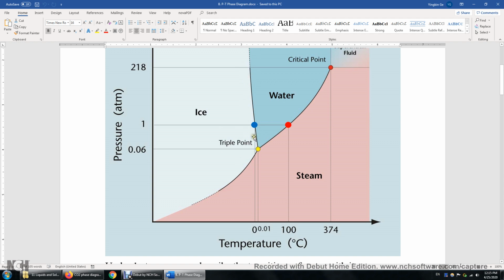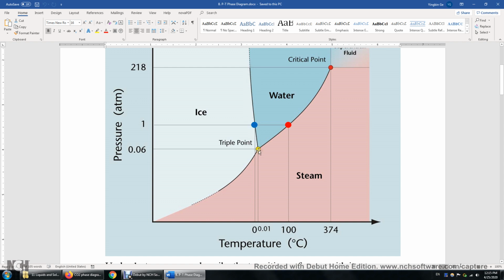This line separates ice from water. So this line tells you the melting point of water under different pressures from 0.06 ATM pressure to 218 ATM pressure.